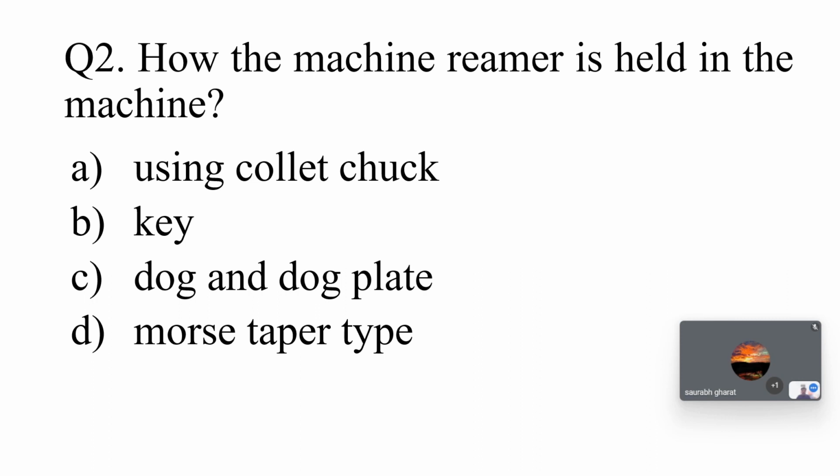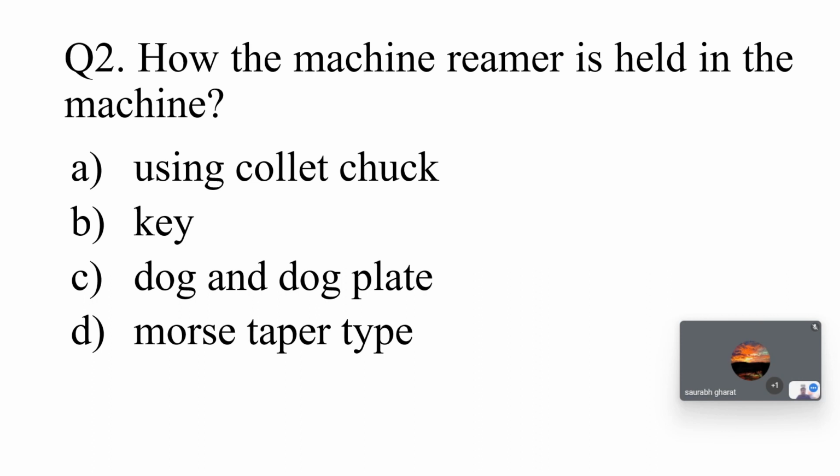This is the taper I showed you on the drill bit. The drill bit is used to go inside that taper, and the tang is used to remove that sleeve.